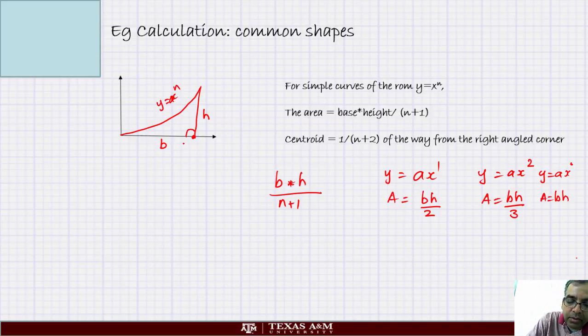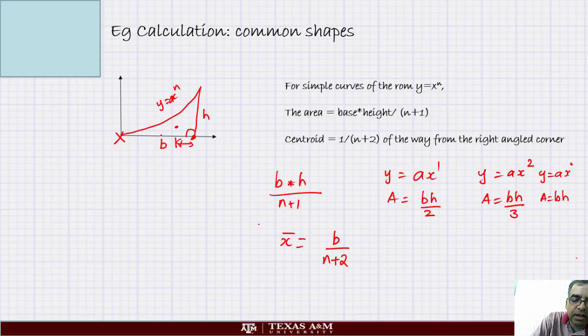Similarly, the centroid's distance x bar from the corner will be base divided by n plus 2. Okay, these are convenient things to compute. Just remember that in case you want to do a quick computation. But remember, it's from the right angle corner.